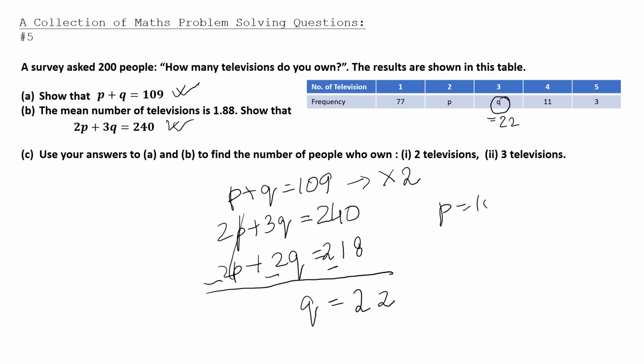It would be 109 minus 22, and that equals 87. So P equals 87. So the number of people with 2 televisions is 87. The number of people with 3 televisions is 22. And that's what this question is all about.